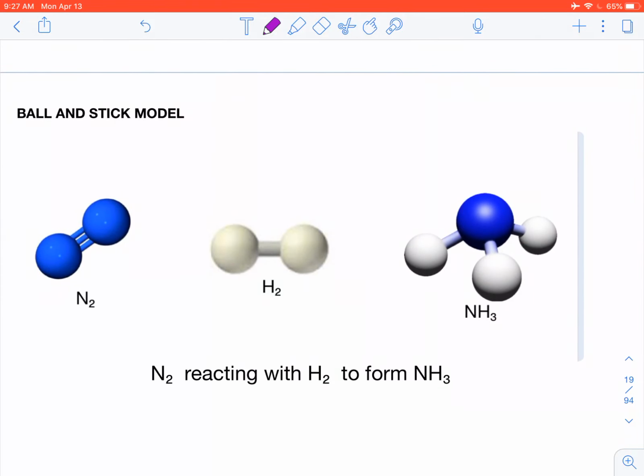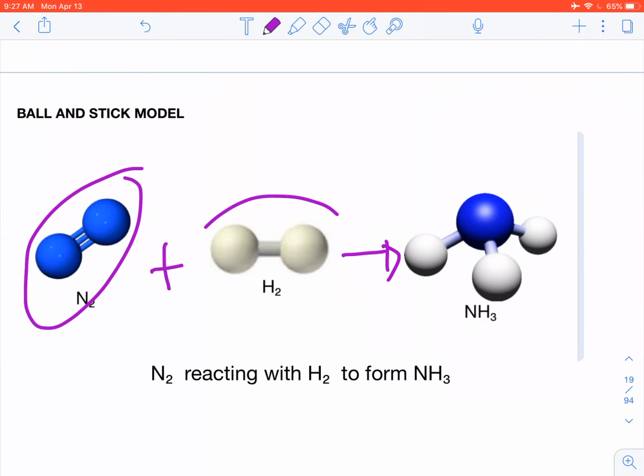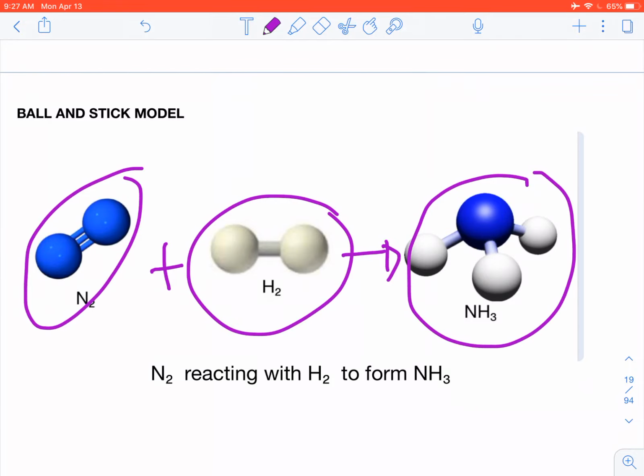Let's look at a ball and stick model for ammonia. Here in this case again, we have N2 plus H2 reacts to give us NH3. N2 has its own properties, H2 has its own properties, ammonia has its own properties. When nitrogen reacts with hydrogen, we find that bonds are broken. Bonds broken here.